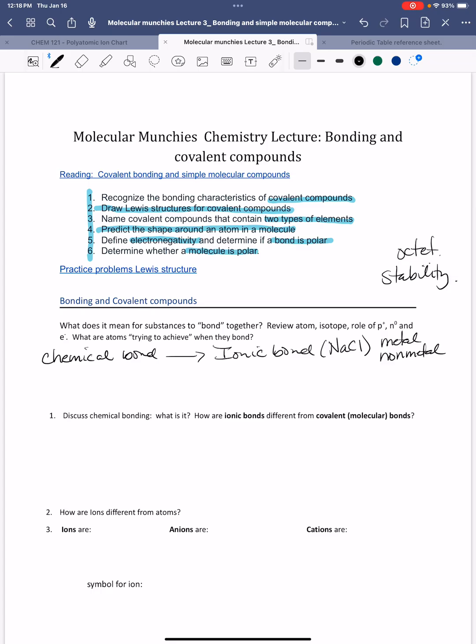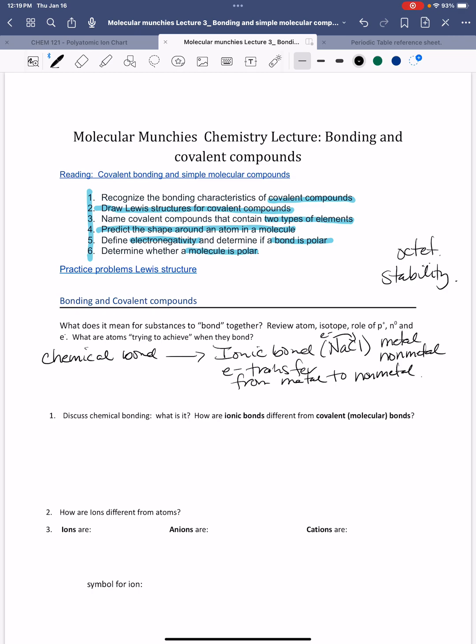What happens is the metal transfers its electron to the nonmetal. So this involves an electron transfer from the metal to the nonmetal. We will talk about those a little bit later. We're not going to focus on that to start with.